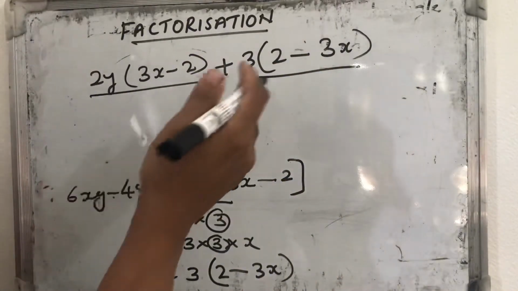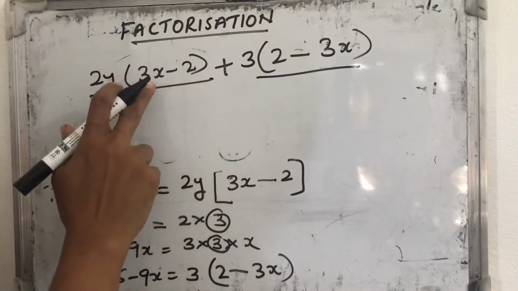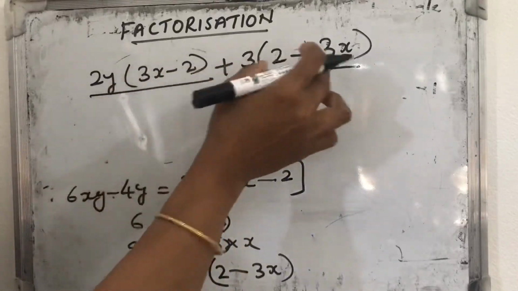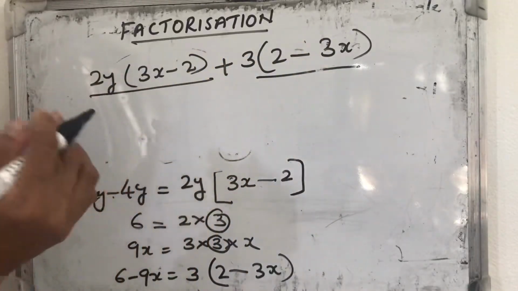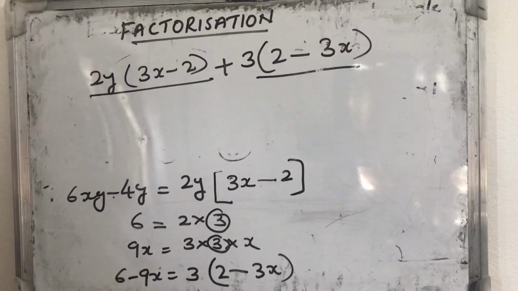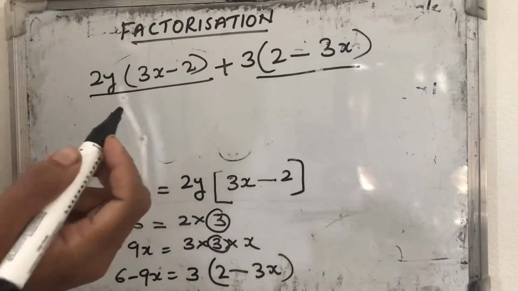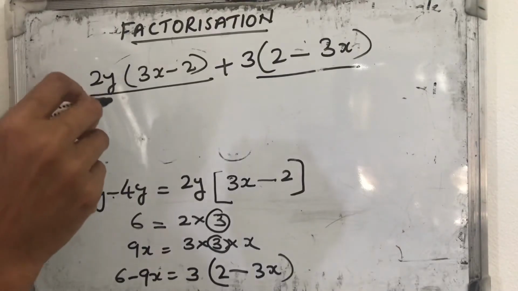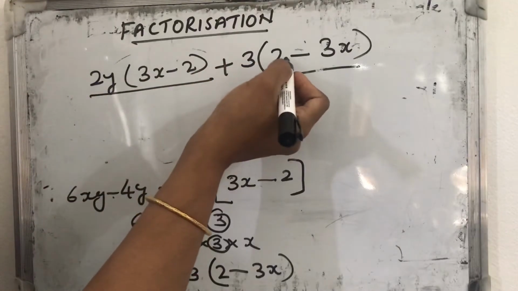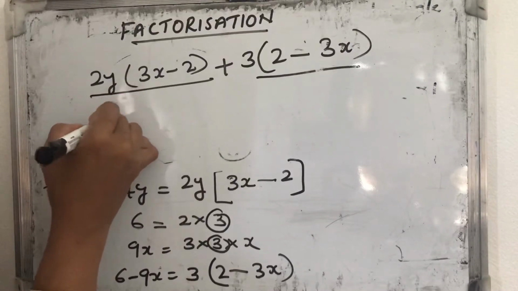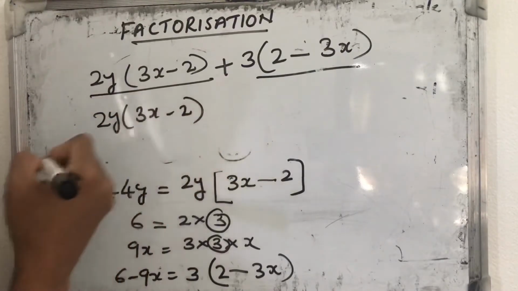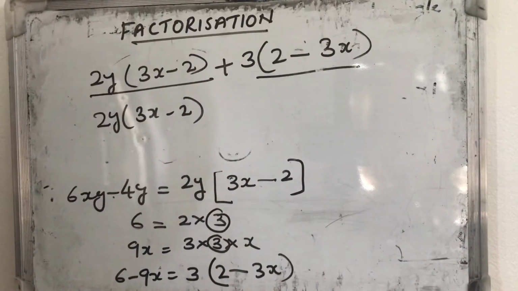Now when we rearrange 3x minus 2 and 2 minus 3x, there is one common factor but a small change in sign. So when we take minus outside, it will be 2y into 3x minus 2 and minus 3.